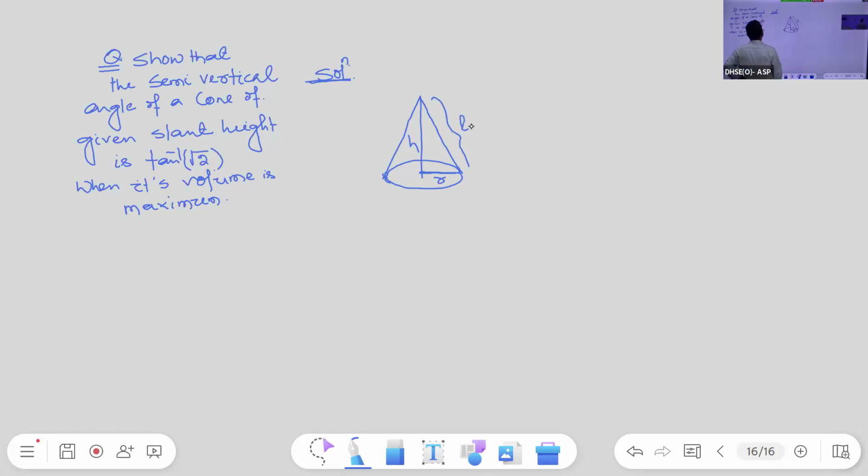Let it be equal to L. Given slant height means the slant height of the cone is fixed. So continuously the radius and the height of the cone are changing. So the question is, when the volume of the cone is maximum, then this semi-vertical angle, let it be theta, is equal to tan inverse root 2.